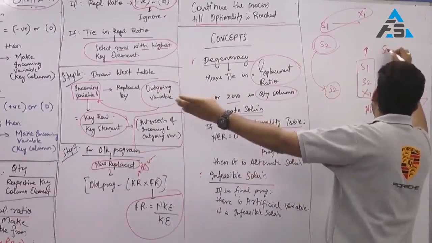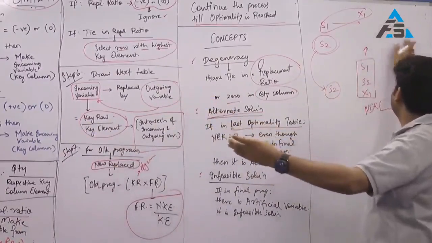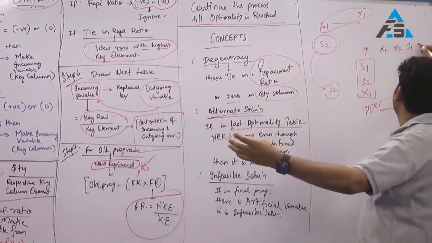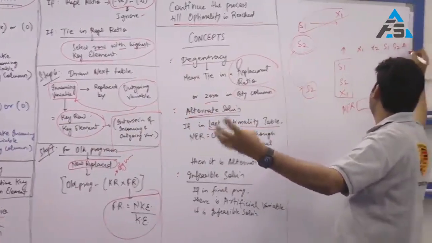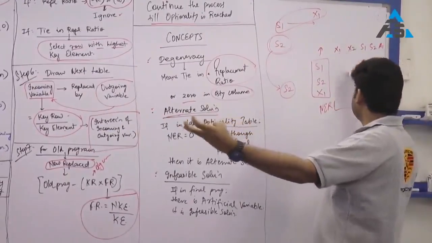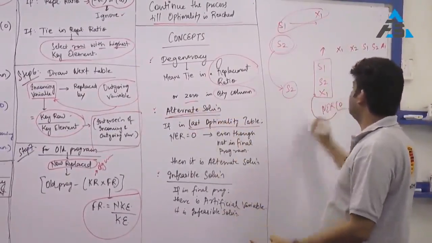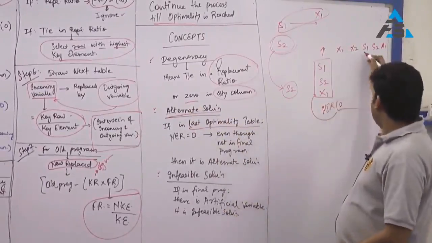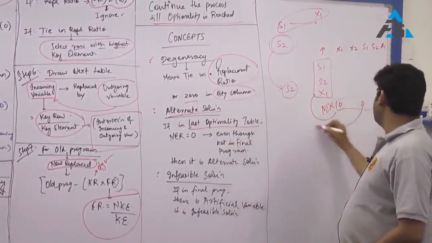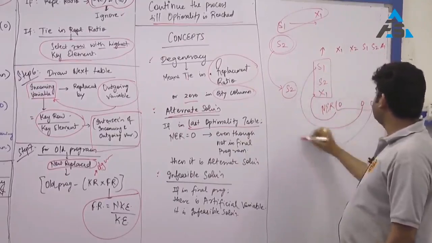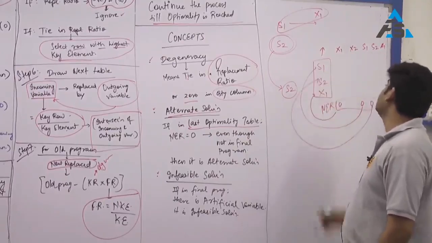Here I'll just give you a hypothetical example. Suppose there is X1, X2, S1, S2 and say A1. This X1 will always have NER 0 because it is in the final solution. S1 will always have NER 0 because it is in the final solution. S2 will always have NER 0 because it is in the final solution.